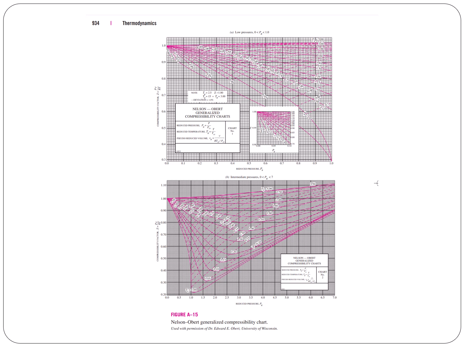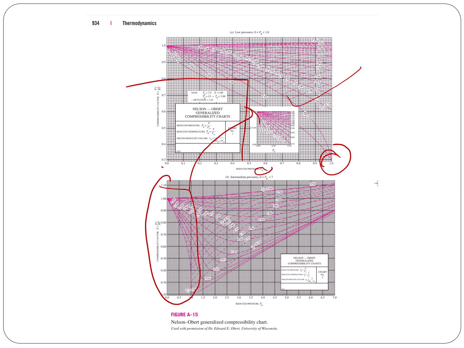Okay, this is the chart, which is zoomed in here from 0 to 1. If the value of P reduced is close to 0 to 1, then you better make use of this one because you get a more accurate value. The x-axis is P reduced.